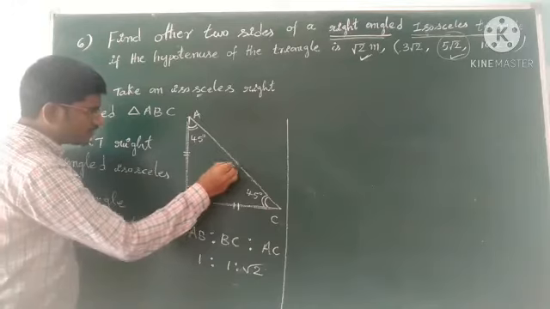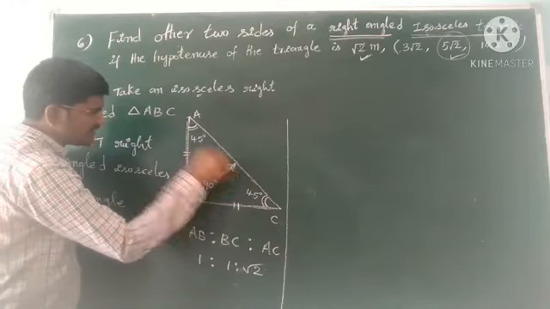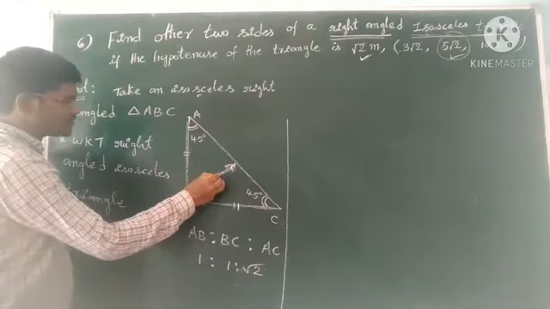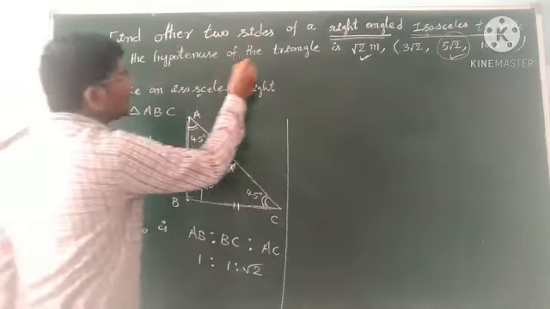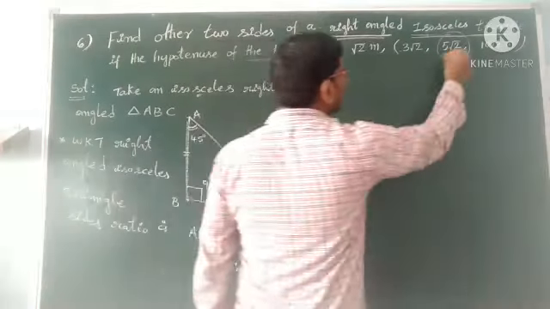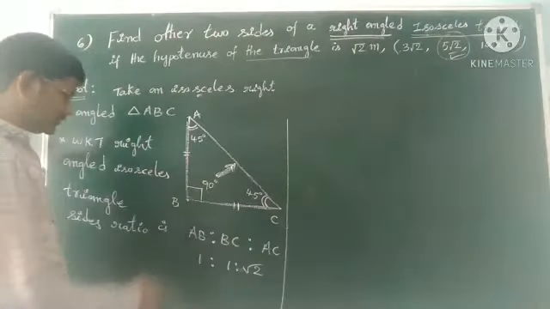But the side opposite to 90 degrees is the hypotenuse, we know. Okay students, it is given that the hypotenuse of the triangle is how much? 5√2.